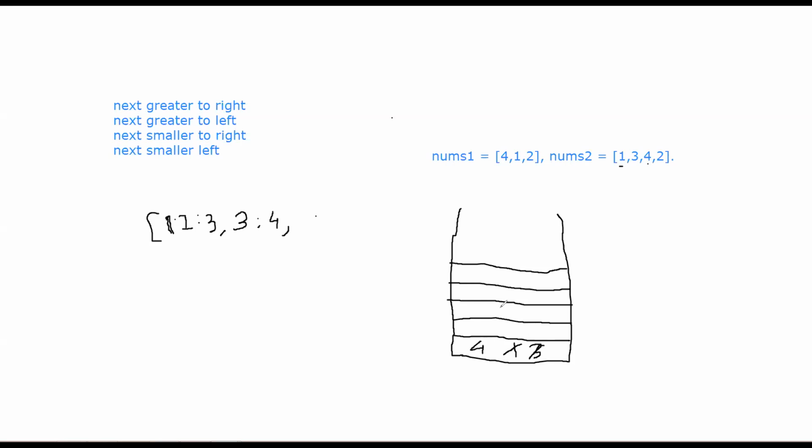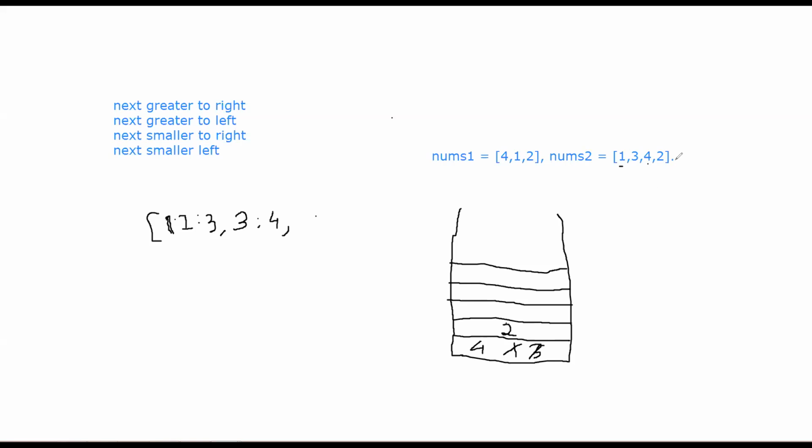Now I'll move forward in the input array and take 2. 2 is smaller, so I'll push 2 into the stack.